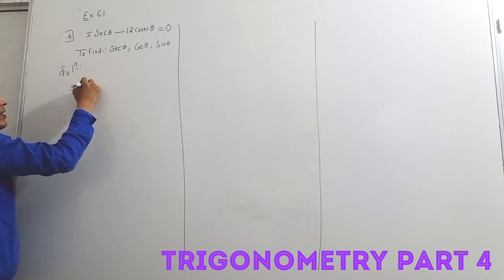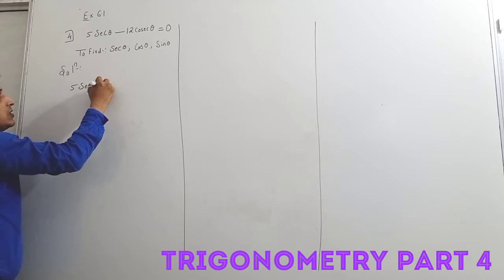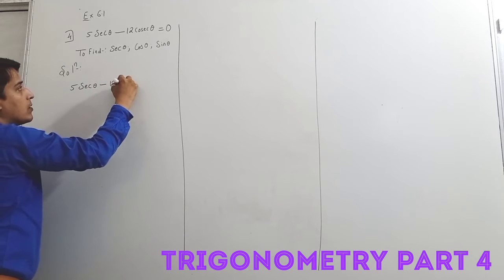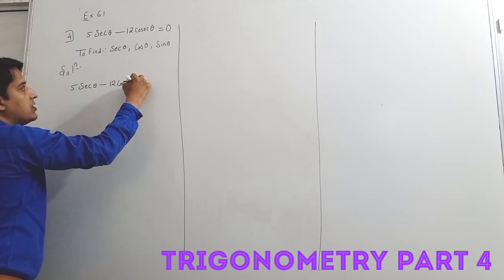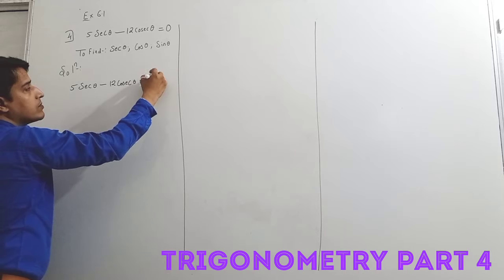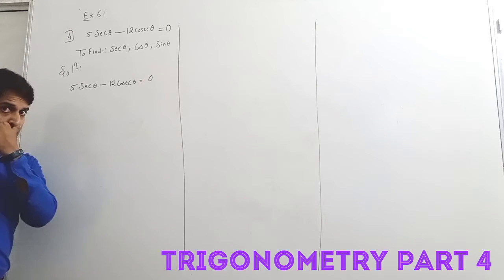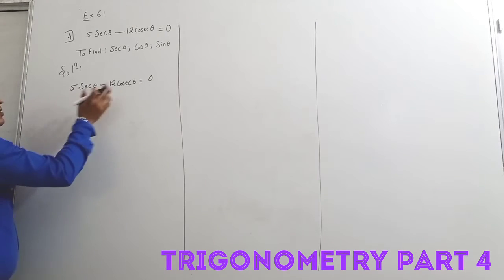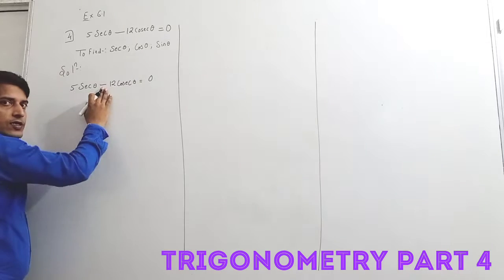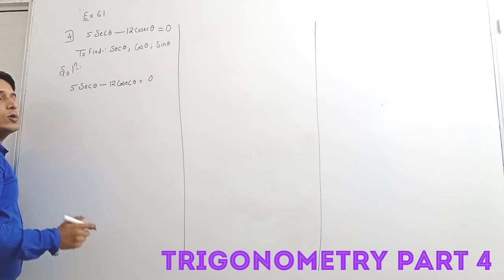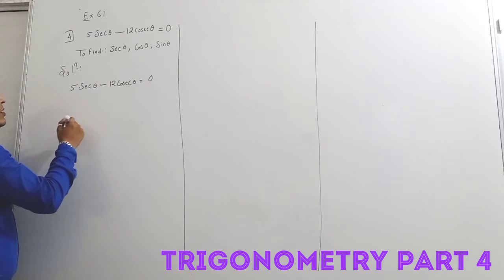Given 5 sec theta minus 12 cosec theta equals 0. This 12 cosec theta is negative on this side. If I take it to the opposite side, it becomes positive.